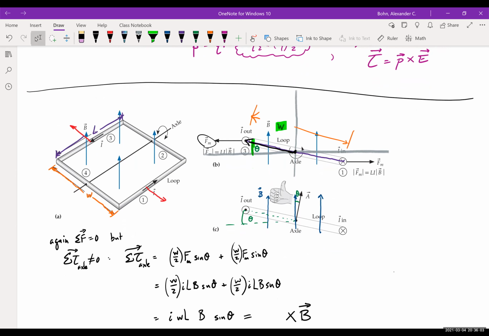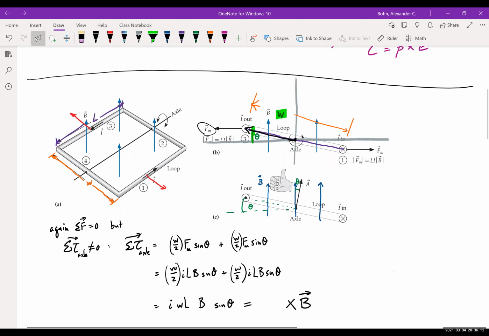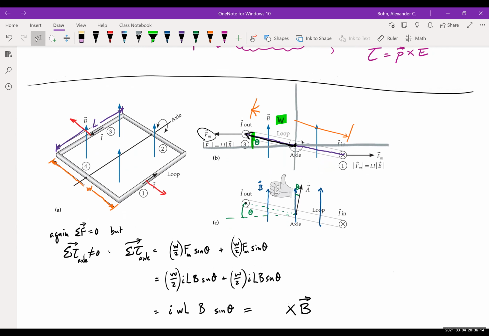So we've got two of the same term, I W L B sine theta. Now, WL, I want to get a little bit of color coding here. So W is orange, L is purple, and the field is blue.